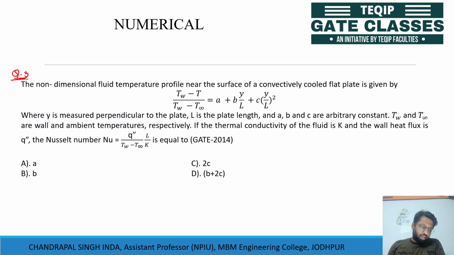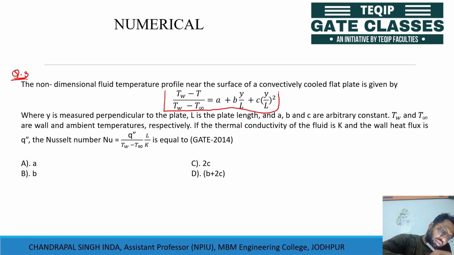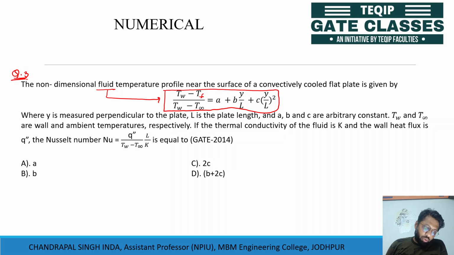The non-dimensional fluid temperature profile near the surface of a convectively cooled flat plate is given by this expression for the fluid temperature Tf, where y is measured perpendicular to the plate and L is the length of the plate, and A, B and C are arbitrary constants. T wall and T infinity are wall temperature and ambient temperature respectively.